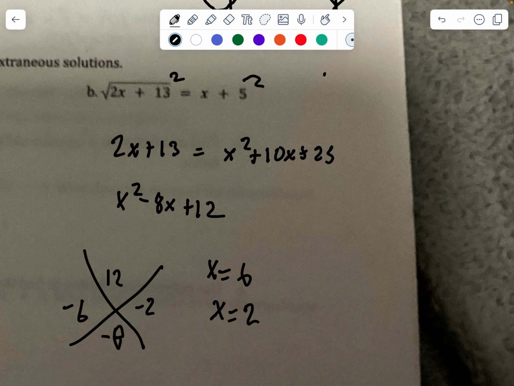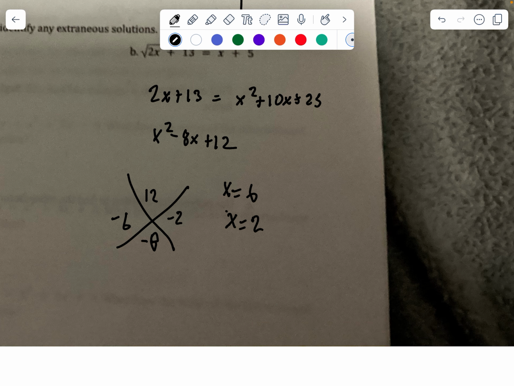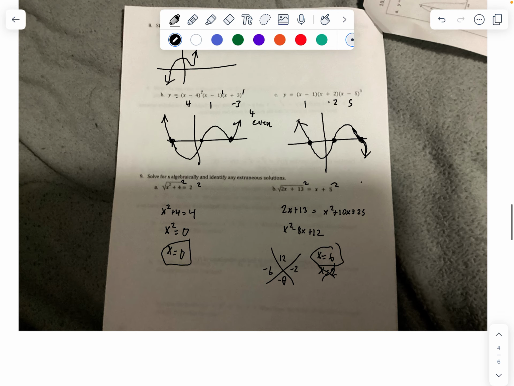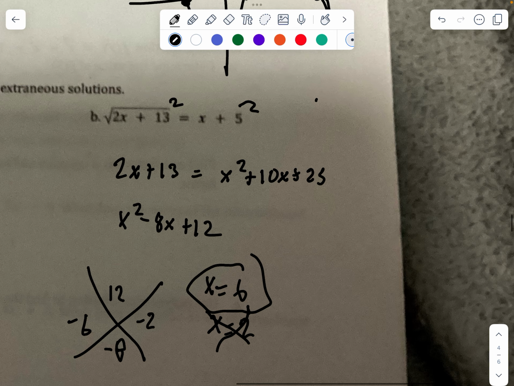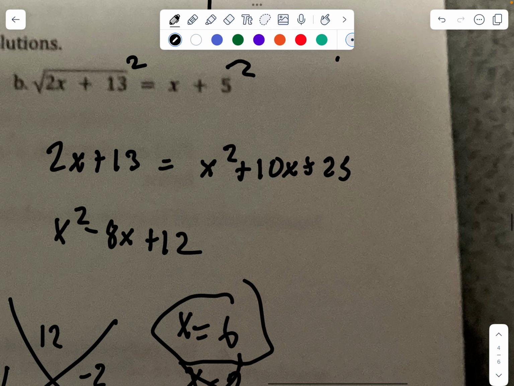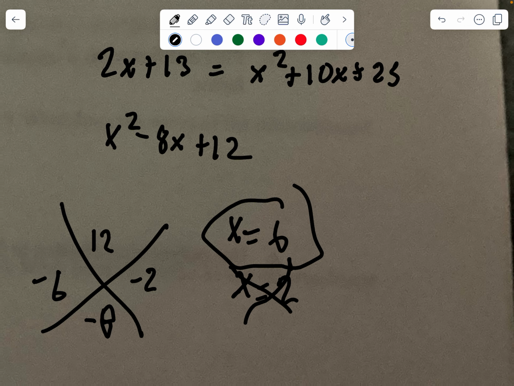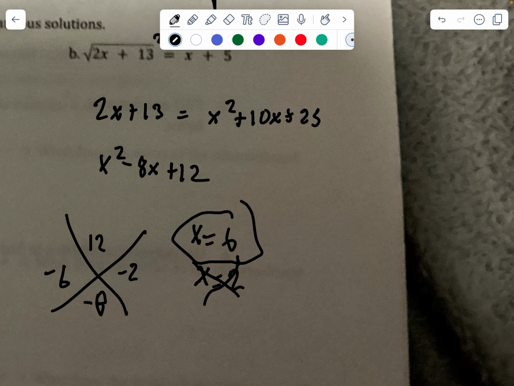For some reason, it's kind of weird. But I'm going to say x minus 2 is definitely not the right one, and this one is probably the right one. Let's check. Yeah, I got the right roots. I don't know.